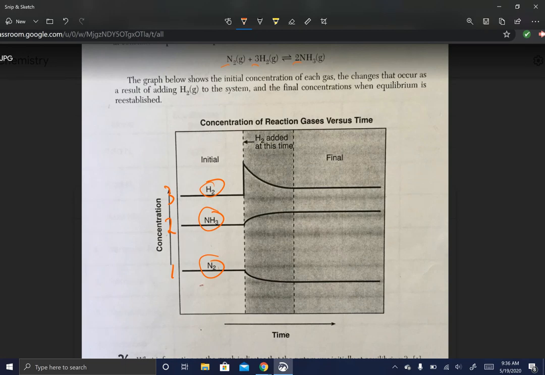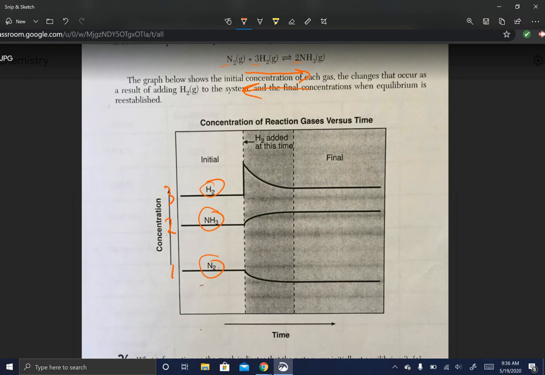So 1 mole of N2, 3 moles of H2, every time they combine and make 2 moles of NH3, at the exact same time, 2 moles of NH3 are breaking apart, making 3 moles of H2 and 1 mole of N2. So again, up here, if you're going to the right at the same rate you're going to the left, and that's occurring at the exact same time and speed, you are maintaining equilibrium. And if that is the case, then the concentrations of these three will never ever change.